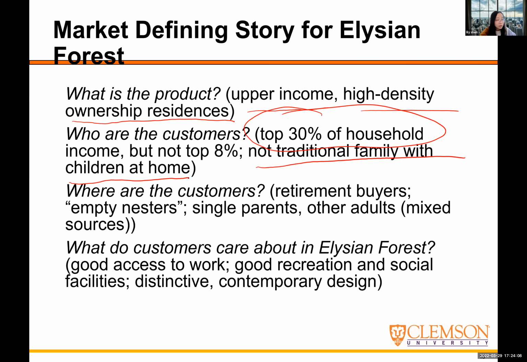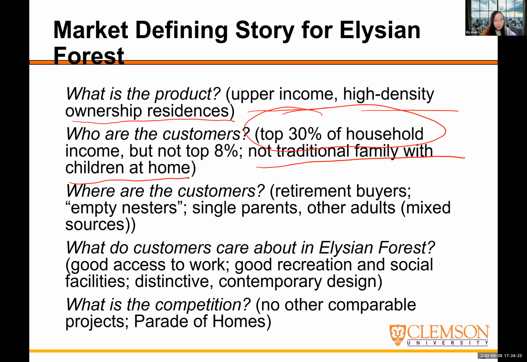They want good access to work, good commute, nice restaurants and local pubs, local bars within walking distance, and the social facilities, tennis courts, and really nice design. Okay. They want to know the competition. They find out there's no other comparable projects, and there's parade homes that offer a similar high end product, but with individual backyards.